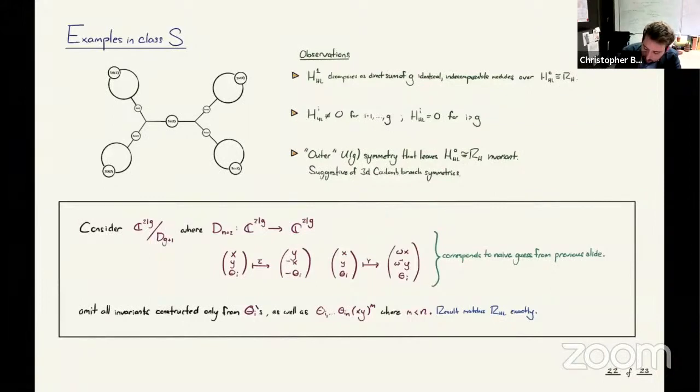And I claim that if you use this normal bundle perspective that I was suggesting, then you're going to consider an upgrade of this orbifold description to a super orbifold, where instead of C² modulo a D type Kleinian group, you have a C^{2|g} super vector space modulo the D action, where you've upgraded the D_{g+1} action on C² to act on the odd directions in a particular way.